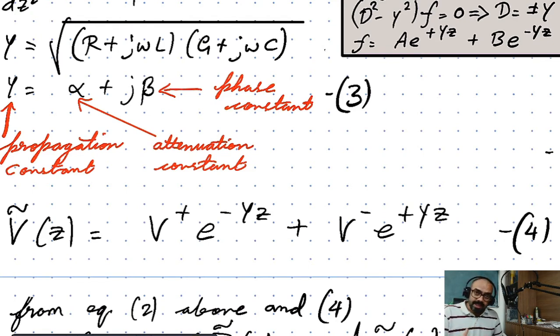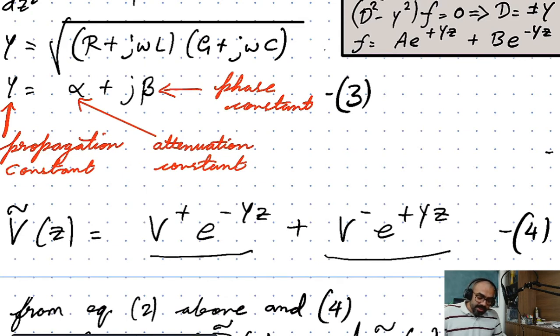When you do that, you will see that the first term here represents a wave that is traveling in the positive z direction, and the second term represents a wave that is traveling in the backward or the minus z direction.